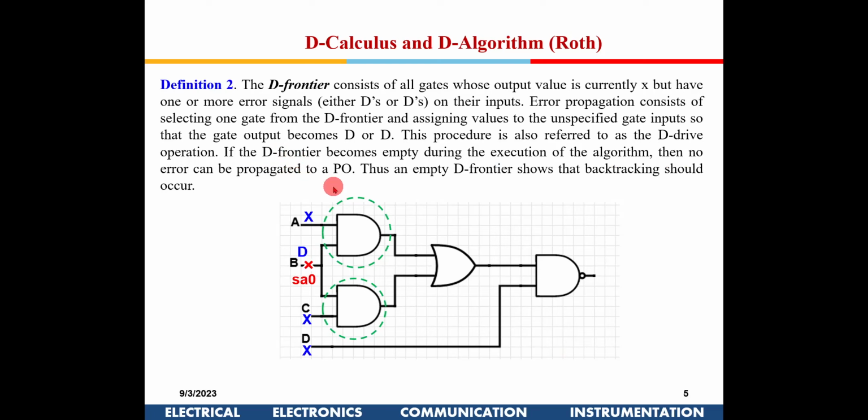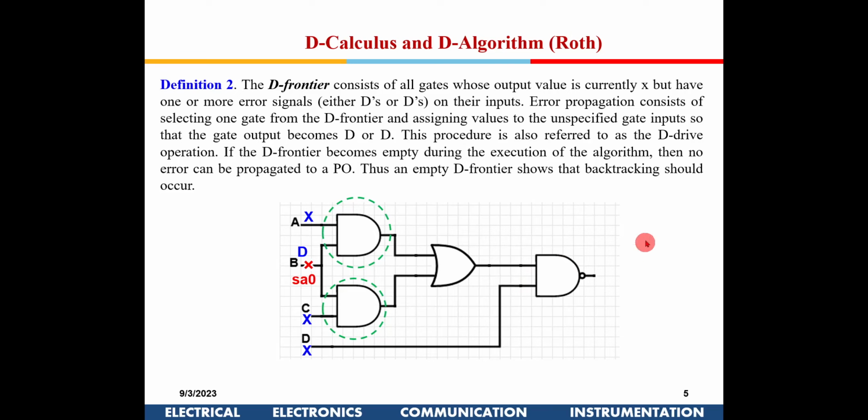Then there are some more definitions about this D calculus. First is known as the D-frontier. Initially you have a big circuit. Every node, every net, is assigned a value of X. X is not known; the algorithm has not started.